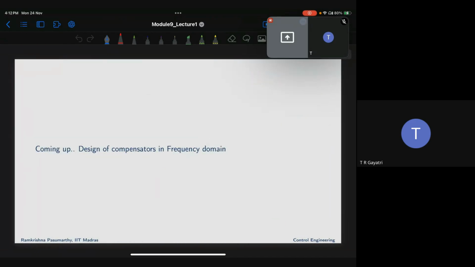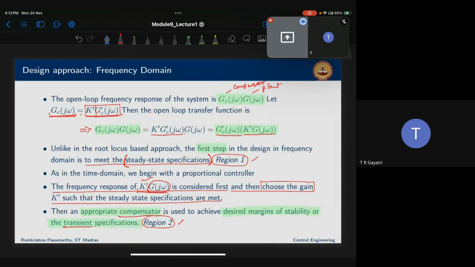Maybe in the next live session we will go ahead with learning the lag, lead and lead-lag compensators, and their design, just like the way we did for root locus. Mostly both the things are comparable.